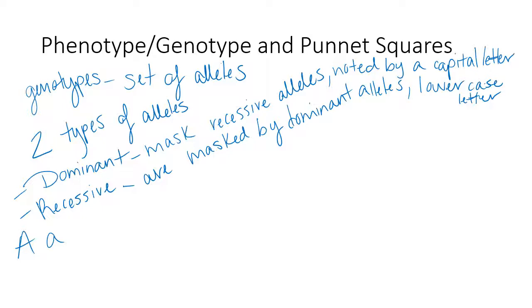I'm going to kind of erase this here. So let's look at the chromosomes again from mom and dad here. So this is coming from mom, this is dad. Let's look at dimpled chins, for example.